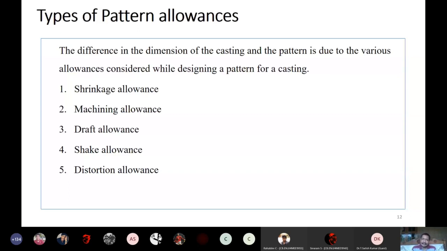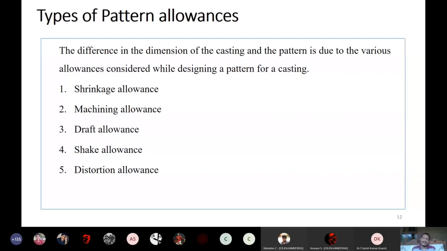For some allowances shown here, you have to add those values to compensate for these issues, and some you have to reduce, so that your final casting will match the required dimensional tolerances. The first and foremost allowance you have to give to the pattern is the shrinkage allowance.